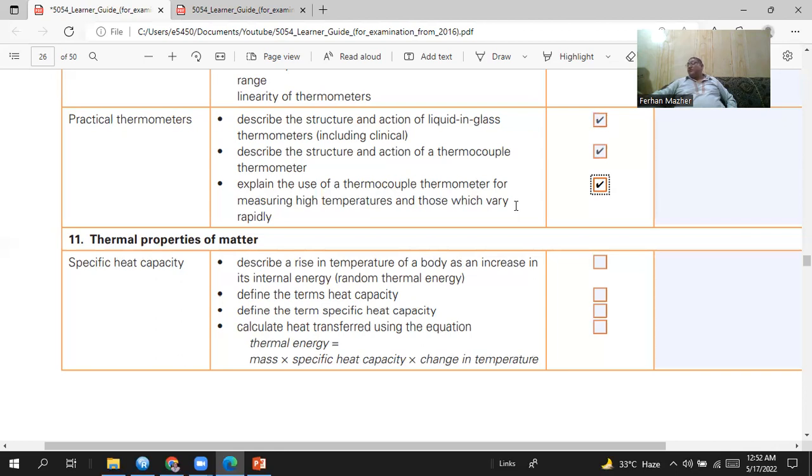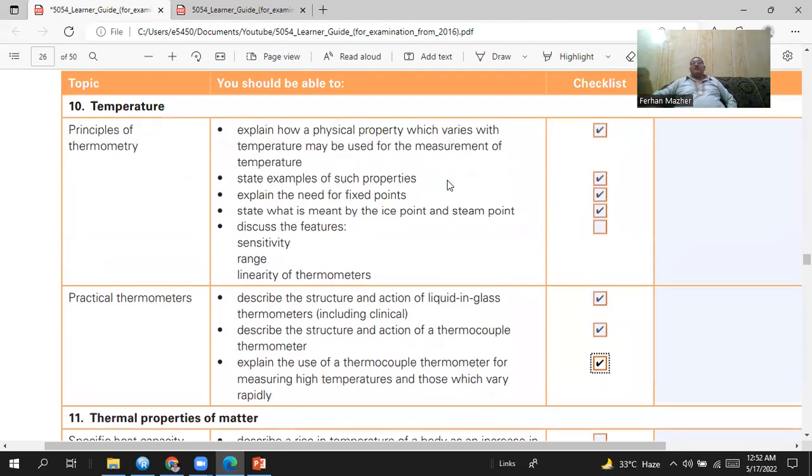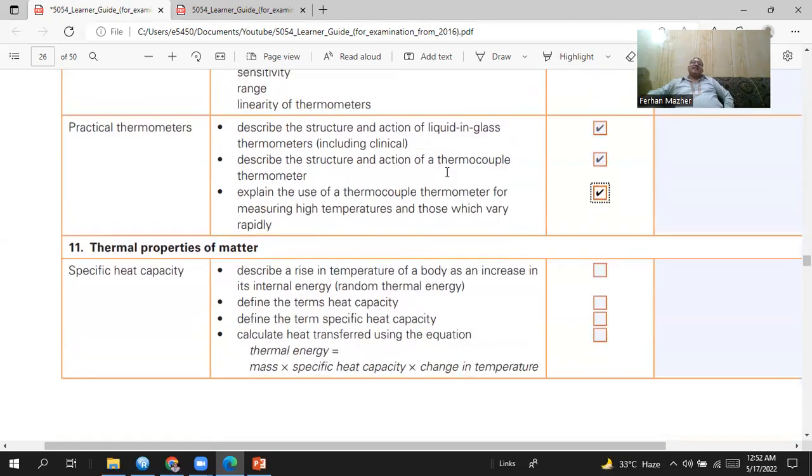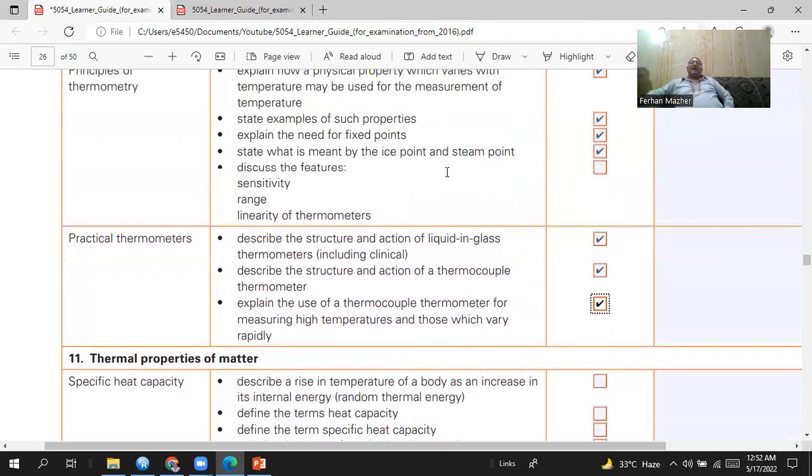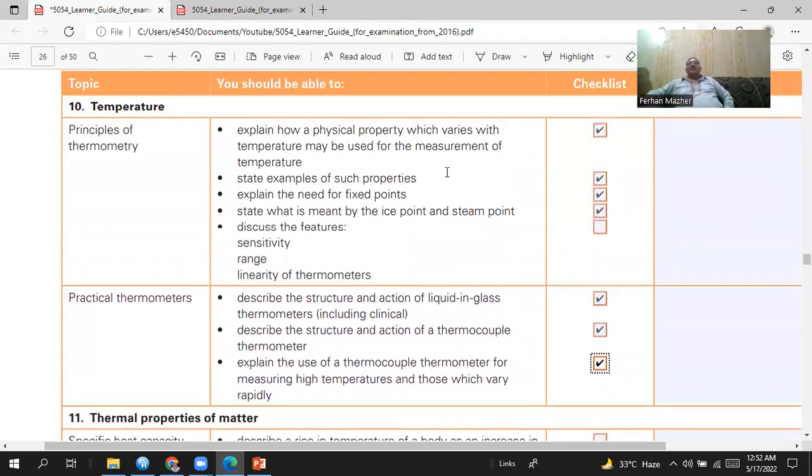Another very important thing about these thermometers: there is a formula that we use in numericals that relates the length of the mercury column and the temperature it shows. So just remember that formula. I hope you have done a few numericals on it.